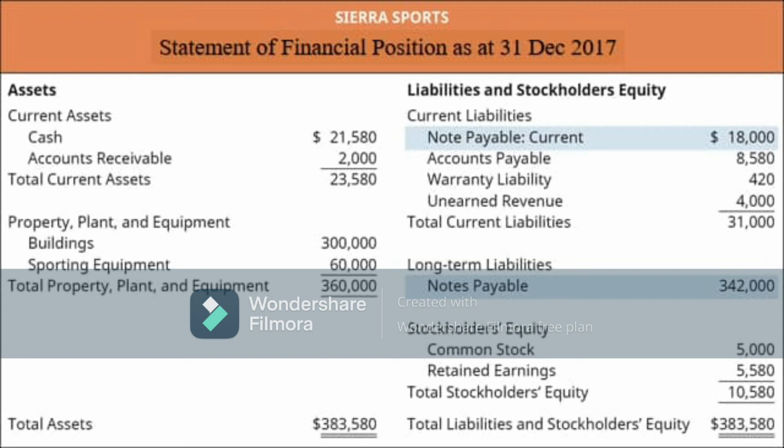We plus the common stock and retained earnings, and we get total stockholders' equity. And then lastly, we plus the total current liabilities, long-term liabilities, and the total stockholders' equity, and we get total liabilities and stockholders' equity. The amount of total assets and total liabilities and stockholders' equity must be the same.